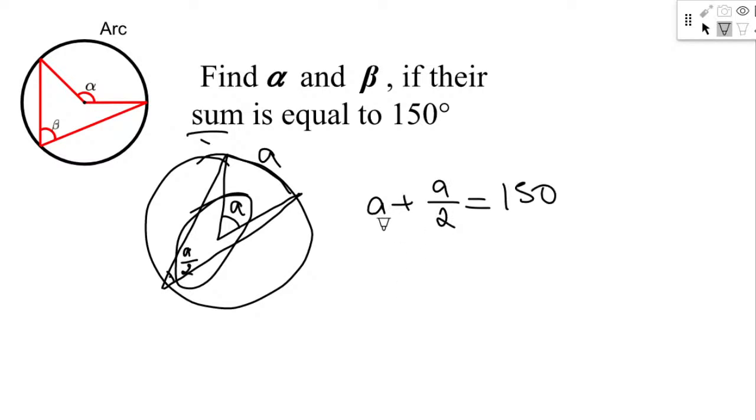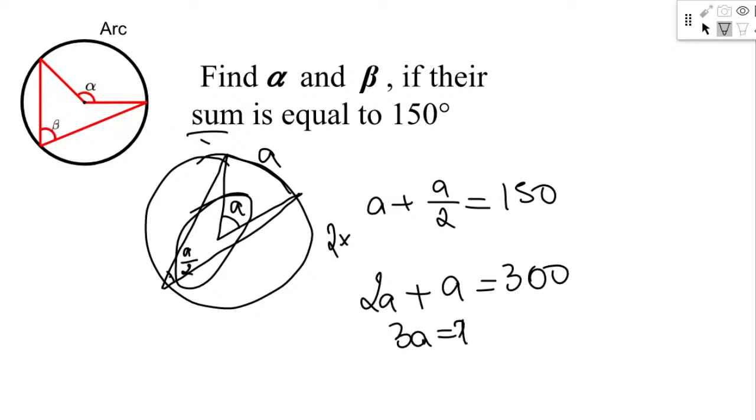I multiply each side by 2. I get 2A plus A equals 300. So 3A equals 300, and A equals 100.